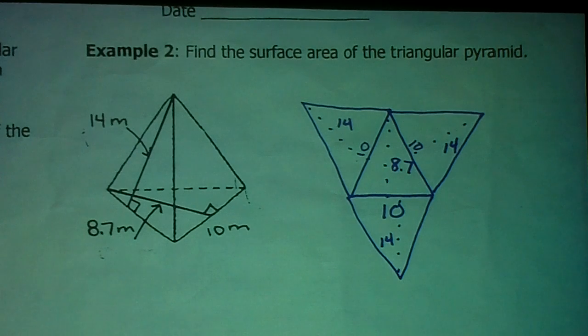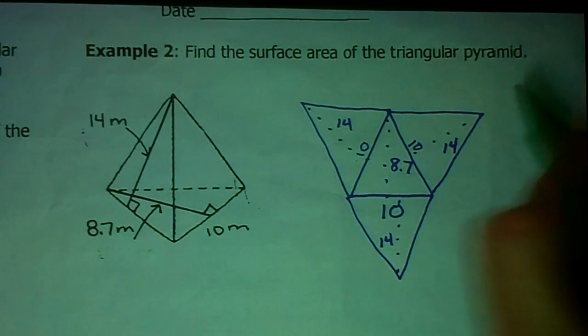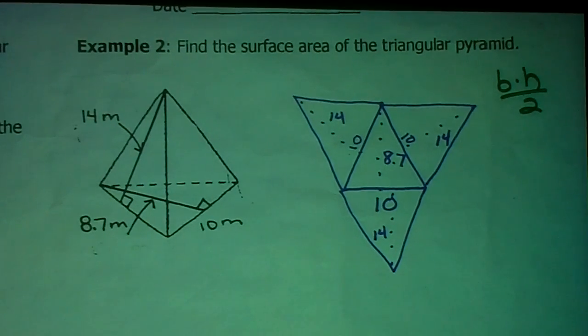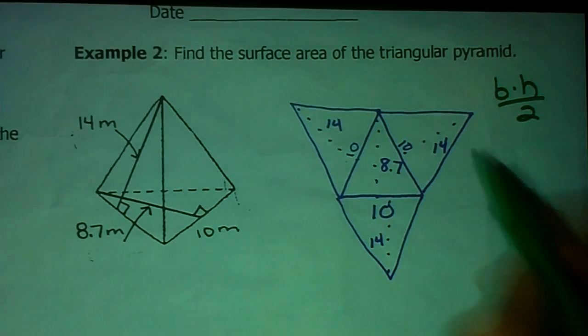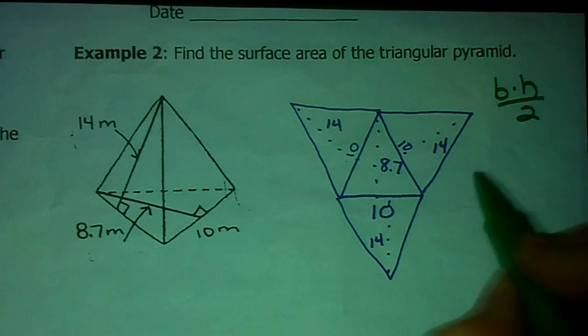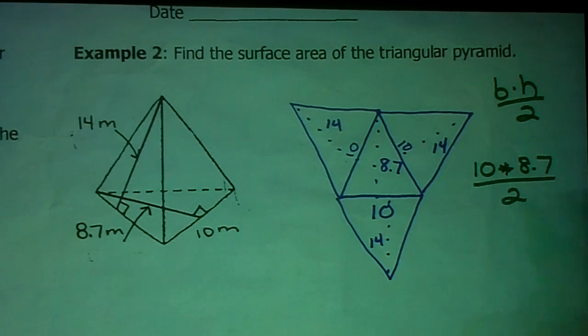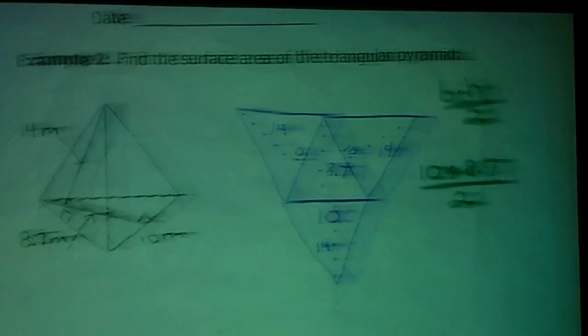Okay, so now we have to do some calculations here. So all of these are triangles, so we're going to need that base times height divided by 2 for every single one of these. So for the very base, the middle, we have a base of 10 and a height of 8.7. So we need 10 times 8.7 and then divided by 2. Type that all into your calculator.